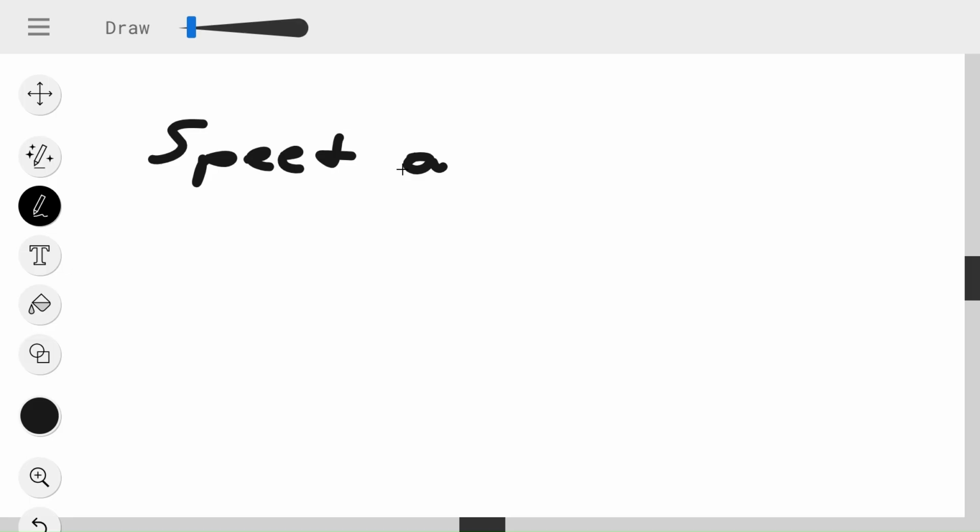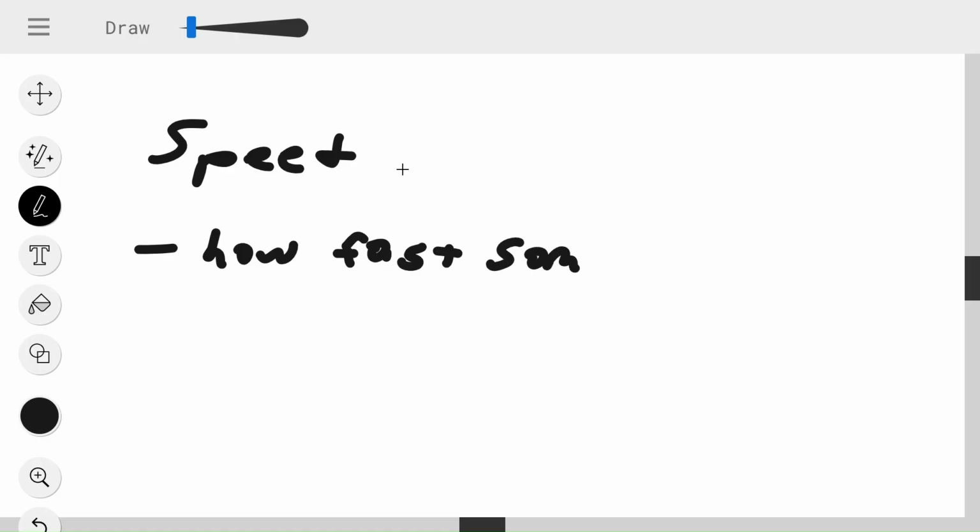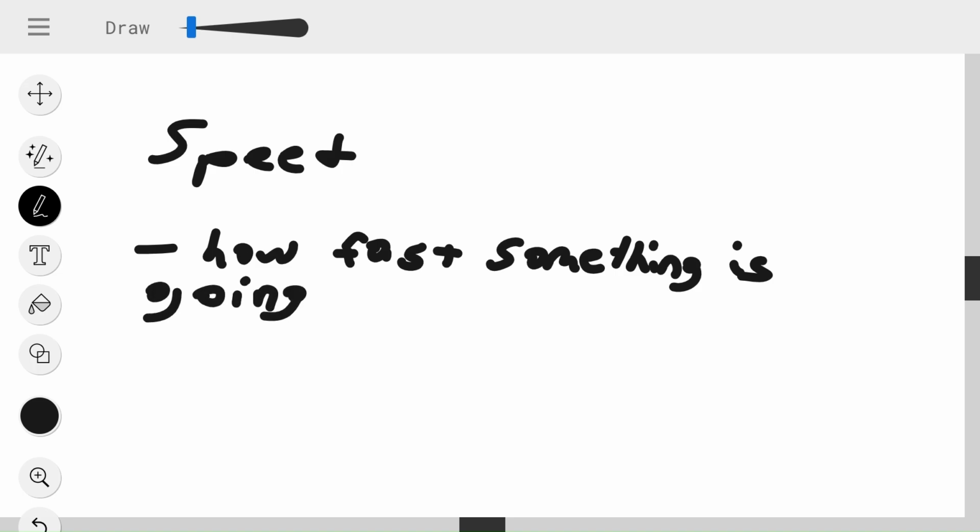So speed. Speed tells us how fast something is going. It only includes magnitude, not direction.